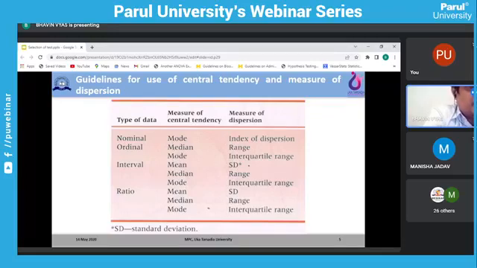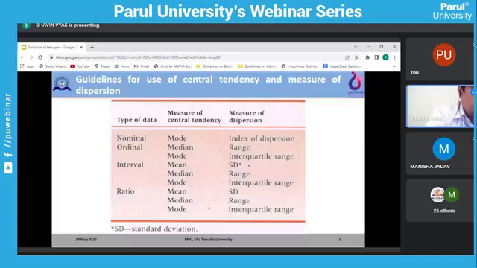For interval and ratio data, you can mainly present in the form of mean, that is the average. You need to sum up all the individual values divided by the number of observations, and that will get you the average, or I can say the mean.